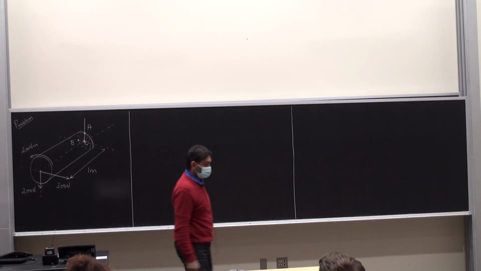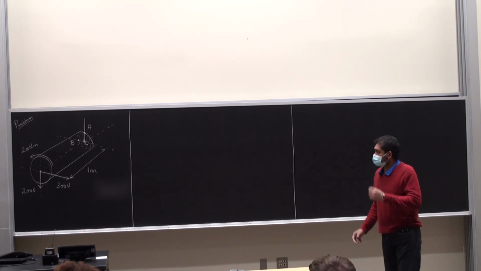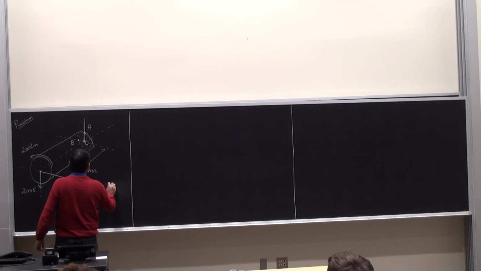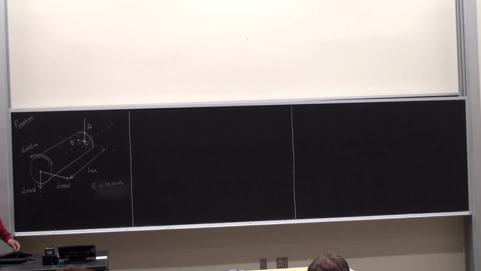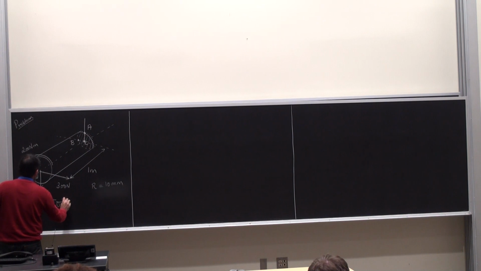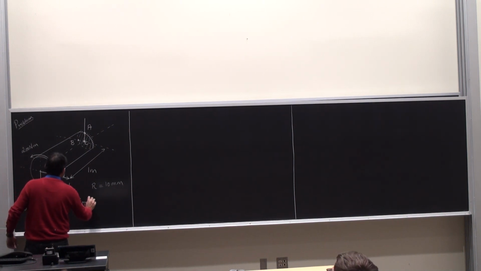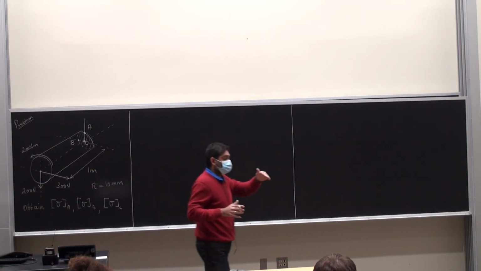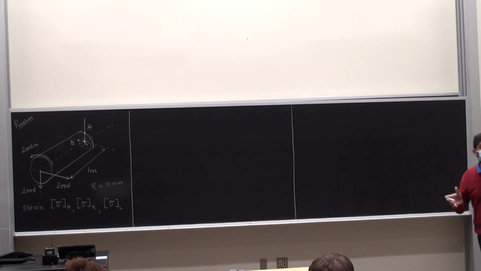And the problem says the following. Given the radius of this pipe as 10 millimeters, obtain the stress matrices at points A, B, and C. Obtain sigma A, sigma B, and sigma C. These are all matrices, which means that they will have a collection of the normal stresses along the diagonal, and the shear stresses will be along the off diagonal.